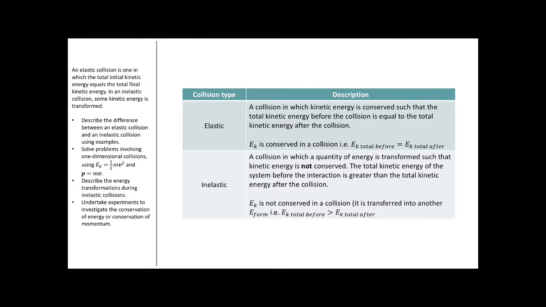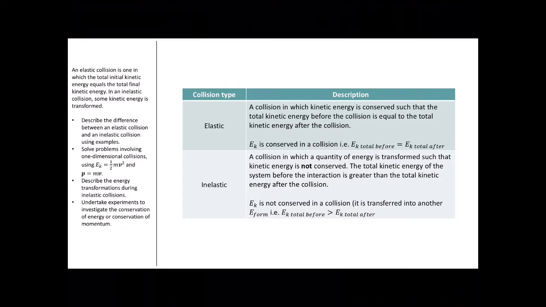You also need to be able to solve problems involving one-dimensional collisions using the kinetic energy equation, Ek equals half mv squared, and the equation for momentum, which is P equals mass times velocity. You also need to be able to describe the energy transformations during inelastic collisions and undertake experiments to investigate the conservation of energy or the conservation of momentum.